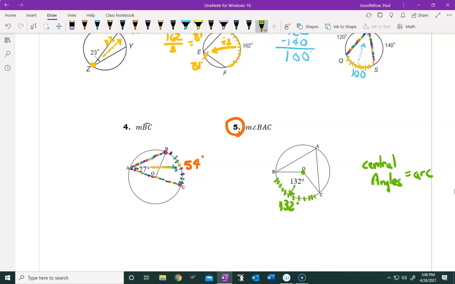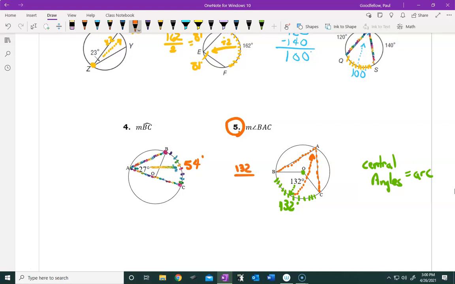Okay, well, wow, that's great, but that's not the angle we're looking for. We're looking for this guy back here in the back of BAC. Back, get it? Funny. But that's an inscribed angle, and so this 132-degree angle has to be cut in half to come back there.